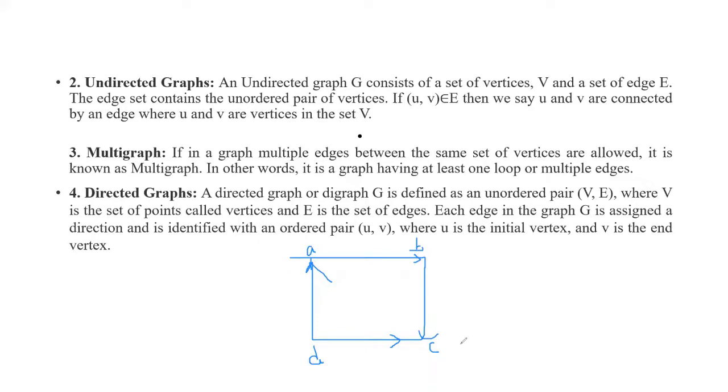Directed graph is an ordered pair (V, E), where V is a set of vertices and E is a set of edges. So every edge has been assigned some direction. That is nothing but your directed graph.